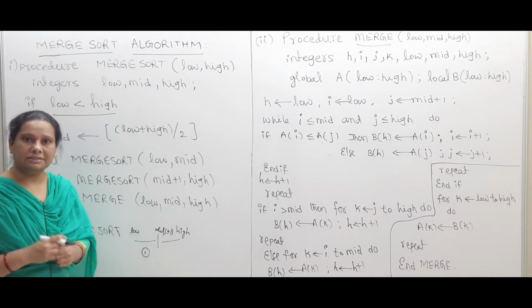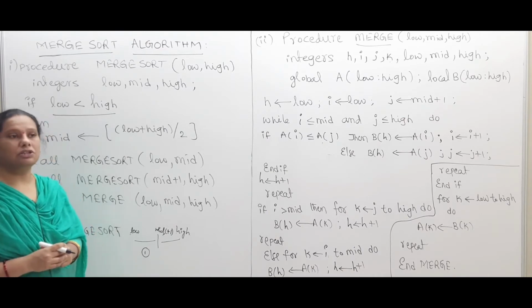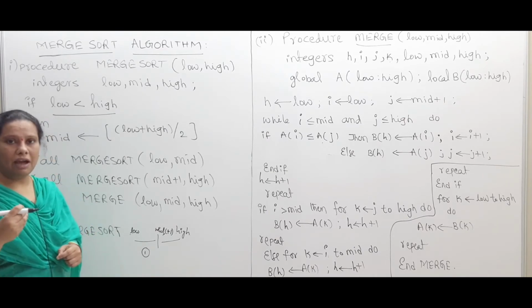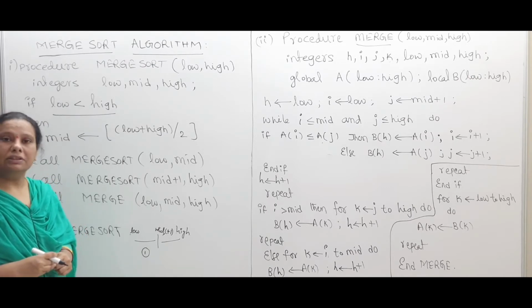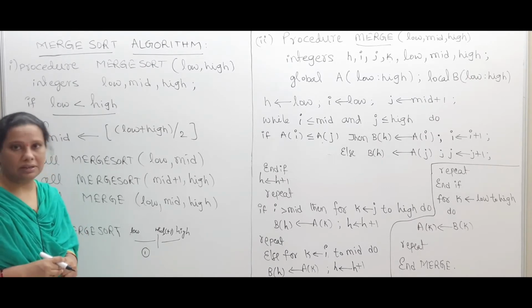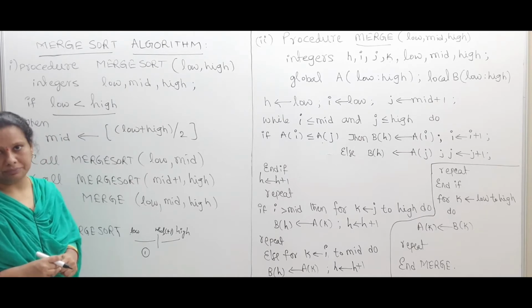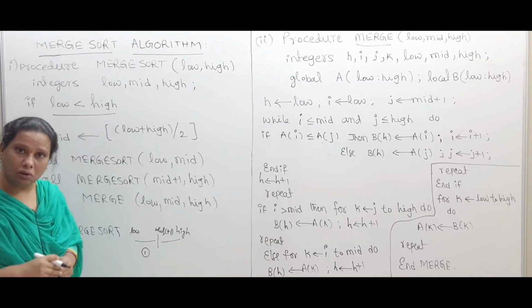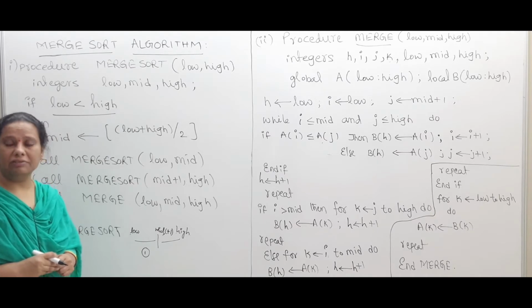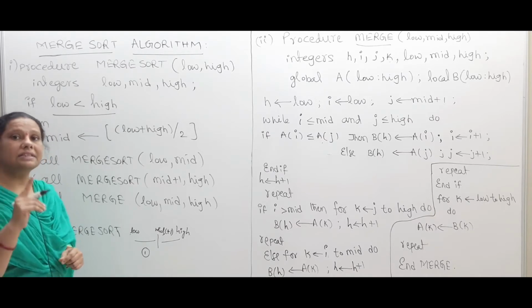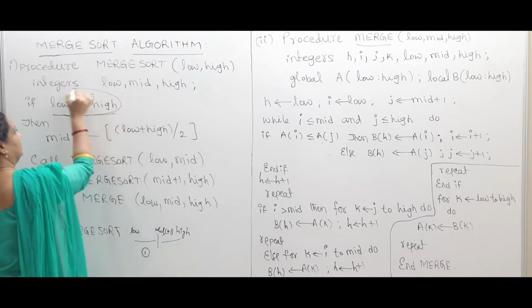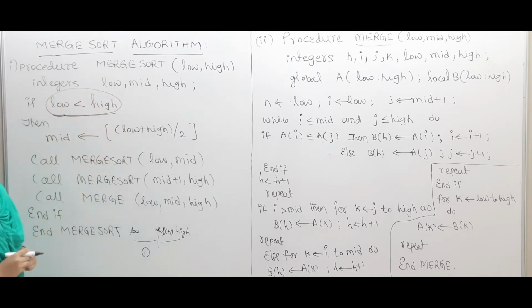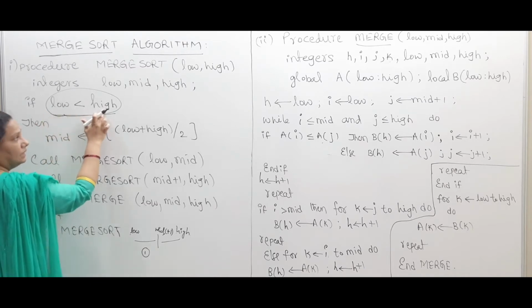Now I am telling this orally, that you go on performing division till you reach a single element. But will the system understand this language? No. We have to give some logic to identify whether the subgroup has reached a single element or not. So what is the logic used to identify whether the subgroup has a single element or not? This one. Low should be less than high.